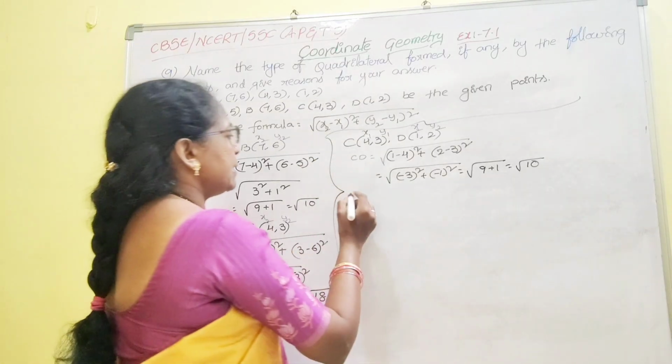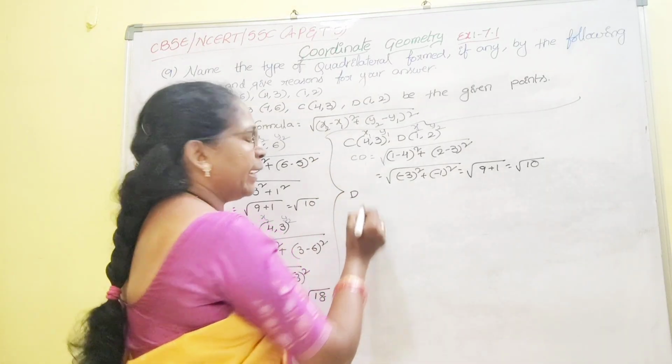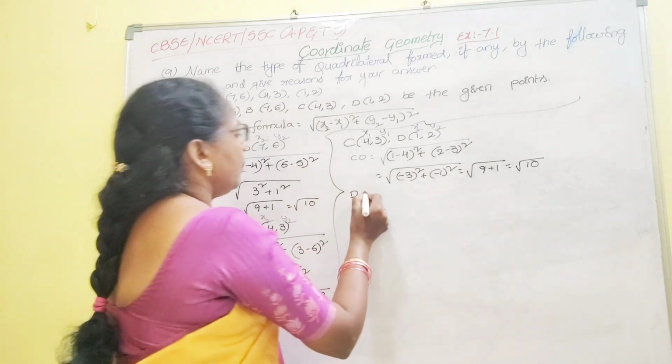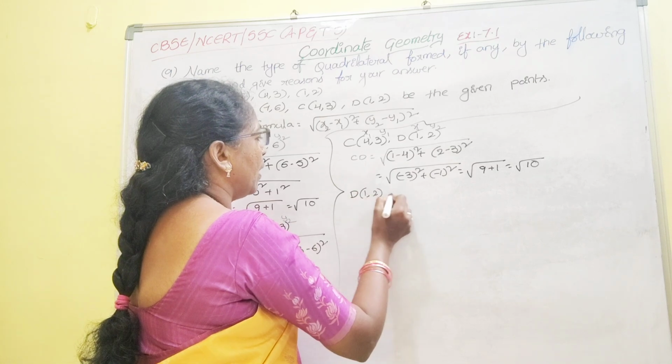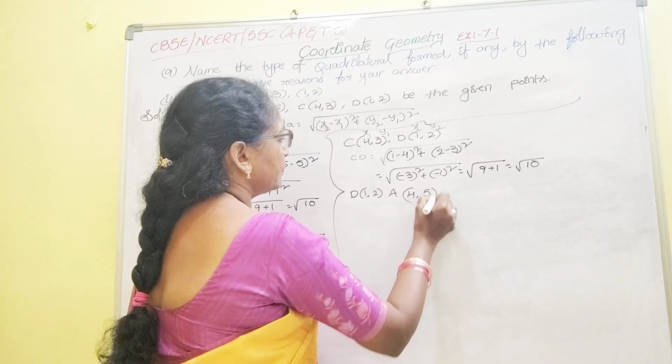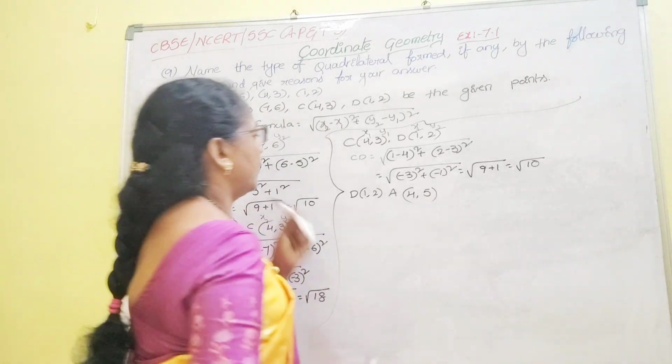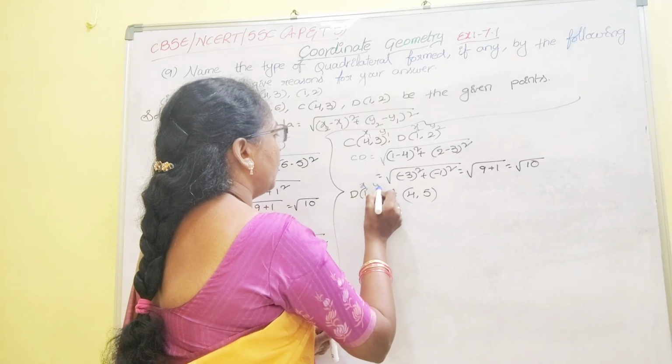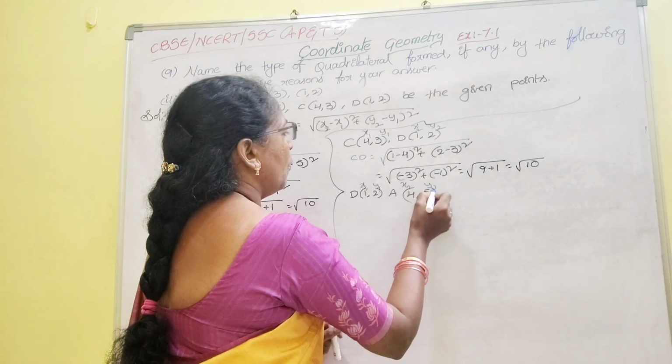Next distance is DA or AD. We can consider either one, where D point is 1, 2 and A point is 4, 5. Represent x1, y1, x2, y2.